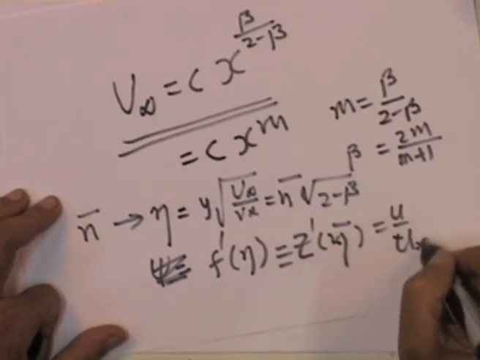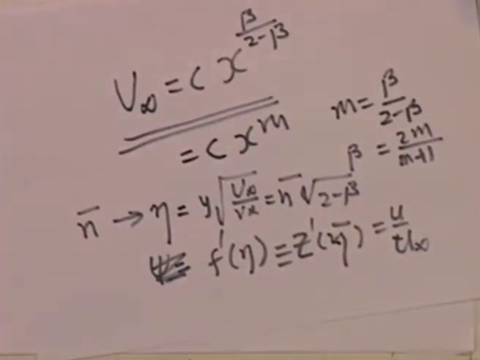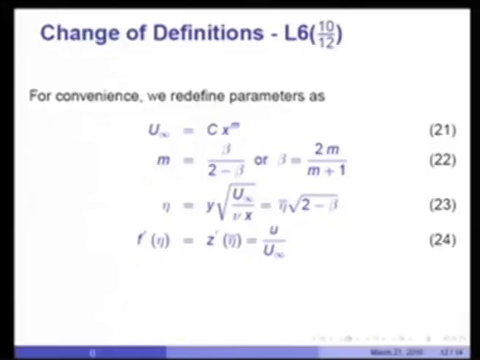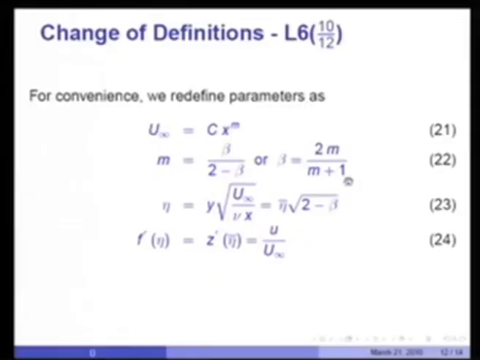Now, the reason I am doing this is to make further analytical development more elegant. There is no other purpose. Having to write beta over 2 minus beta every time makes life somewhat difficult. So, I have simply defined m equal to beta over 2 minus beta, or beta is equal to 2 m divided by m plus 1.